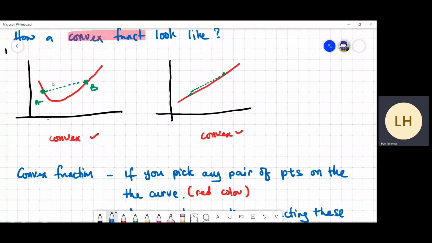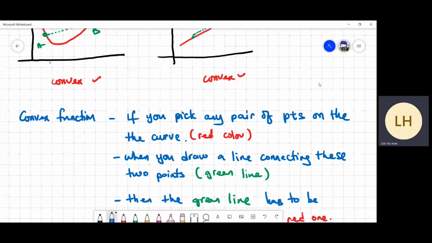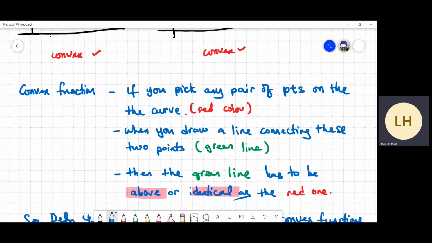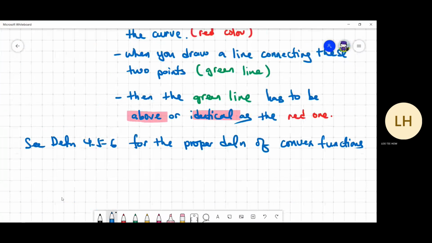So how does the graph for a non-convex function look like? That is very simple. As long as the graph doesn't look like this, it is non-convex. These 2 are the convex ones, so I give you examples for the non-convex ones.